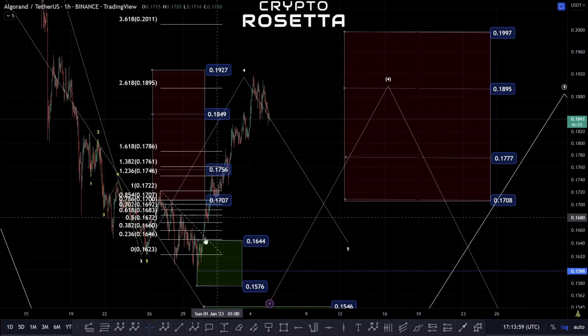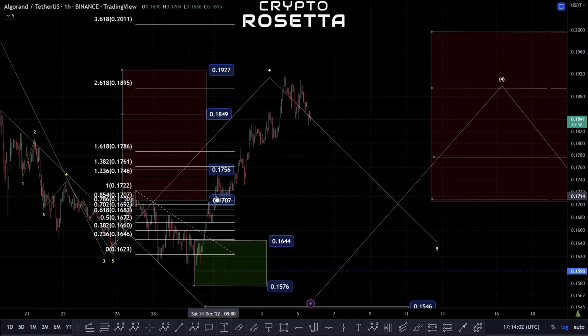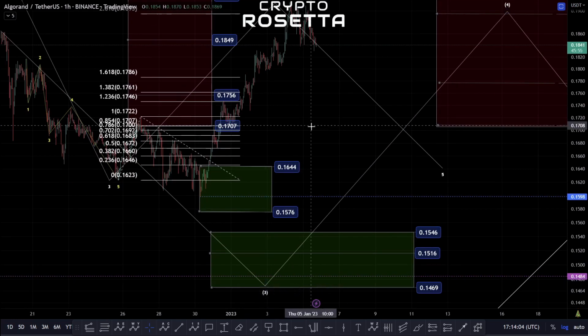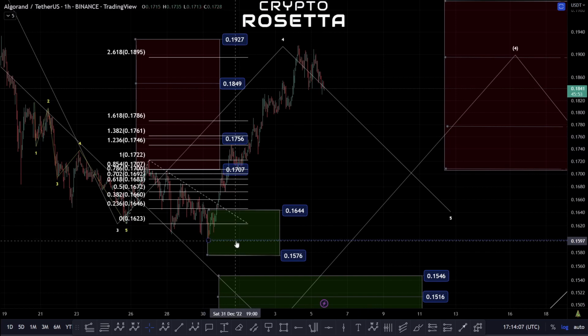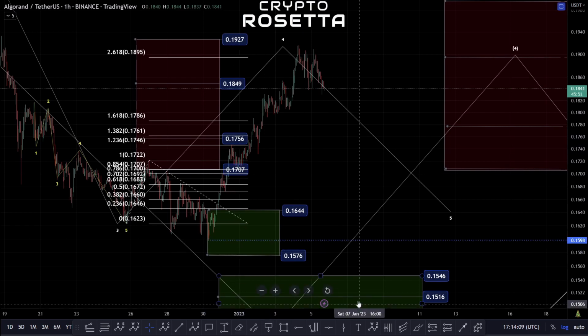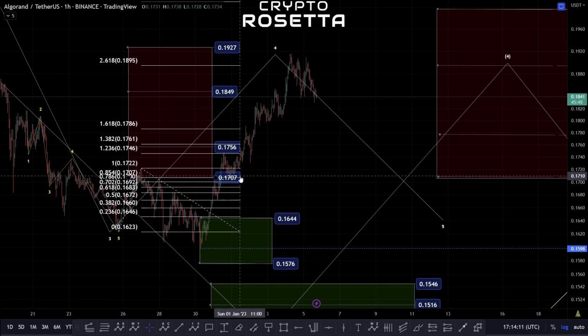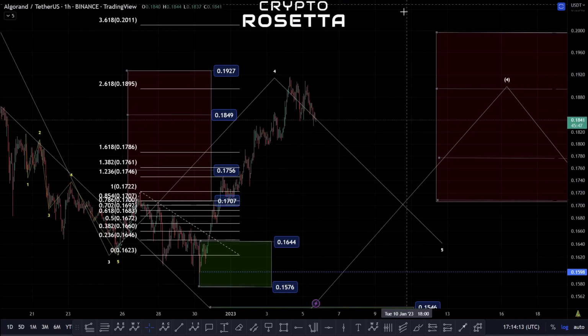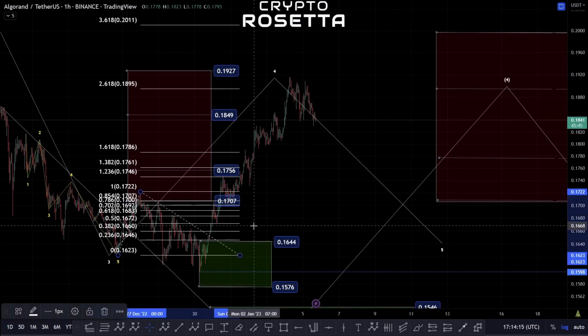So these would slightly change the target area depending on which one we are in. So until we break back below this low point here of this 1598 zone, we have to keep open the fact that we could actually look to progress to the upside some more here.